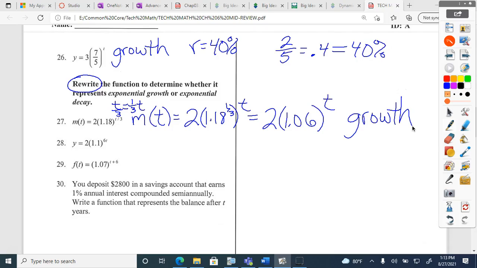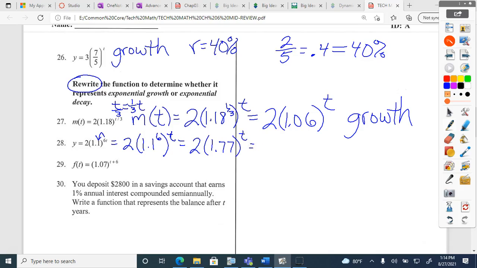Here, what are we going to do with this 6? Move it in. So that's going to be 2 times 1.1 to the 6th to the t power. Okay, so what is 1.1 to the 6th power? 1.77. So 2 times 1.77 to the t power.